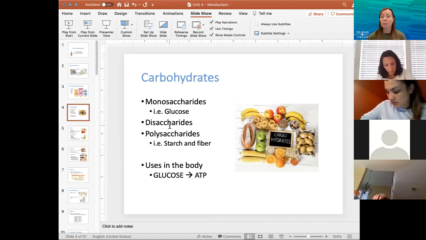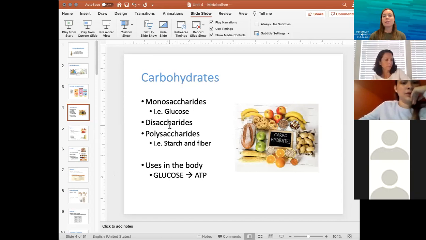So speaking of fiber, because a lot of these are in the form of fiber, there are two different types of fiber, soluble and insoluble. So insoluble fiber is found in most vegetables and can't be digested.